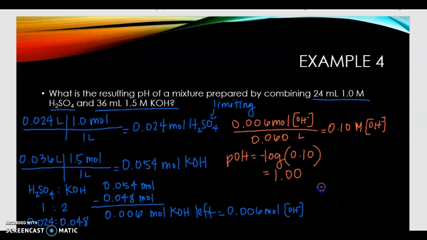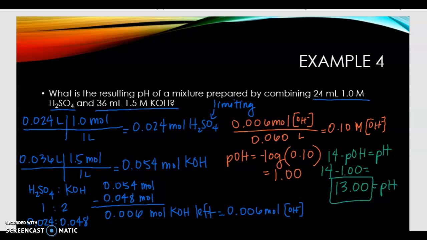That means that our pH, change to green, 14 minus our pOH gives us our pH. So 14 minus 1.00 gives us 13.00 as our pH. So it's going to be an extremely basic solution.